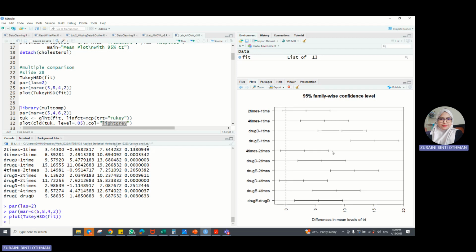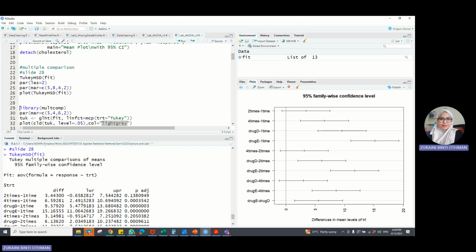Okay, here the mean cholesterol reduction for 1 and 2 times are not significantly different from each other, where the p value is 0.138 here.